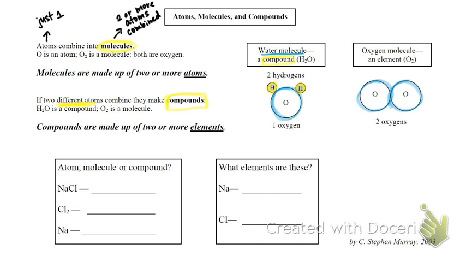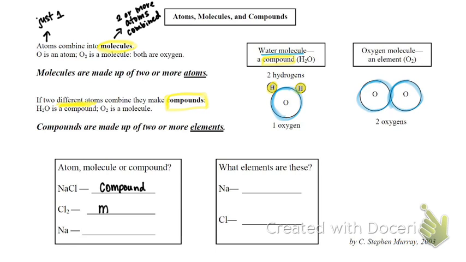So on the bottom here, this first box is just asking, is it a molecule or is it a compound? So for NaCl, compound, we've got sodium, the Na, combined with chlorine. What about Cl2?